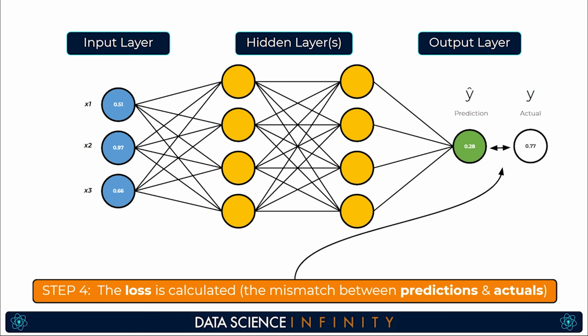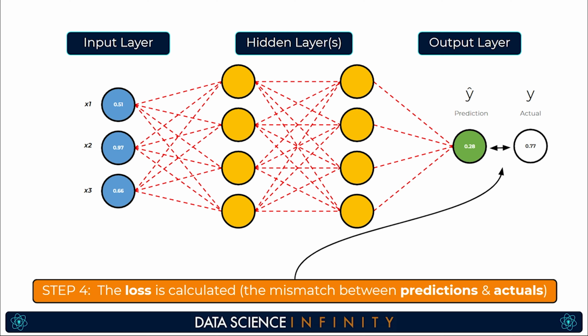But how exactly does it do that? Well, there is essentially one important part of our network that can be changed or updated, and in doing so would have a direct effect on the prediction value. I am talking about the weighting values on each of our connections. And you can see those connections as dotted red lines here on screen. And remember, each one of those connections has an independent weighting value associated with it.